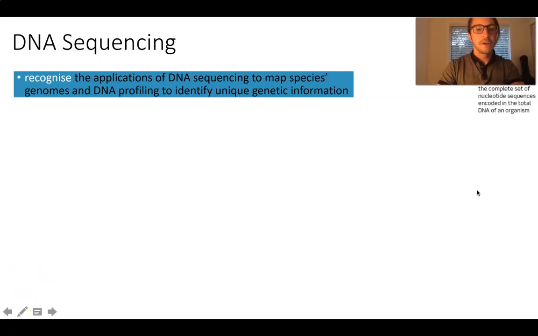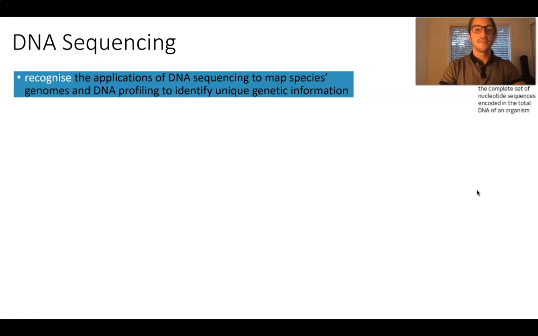So DNA sequencing maps out an organism's genome, and currently scientists, through this process, have mapped the genome of about 3,500 different species.